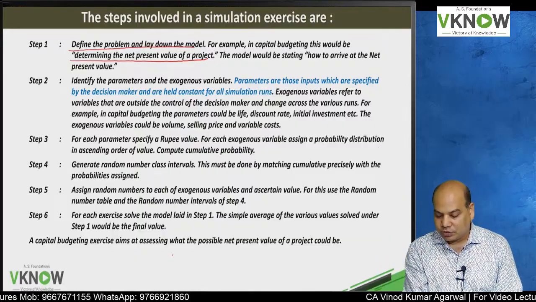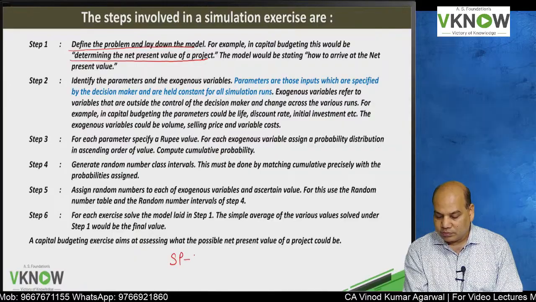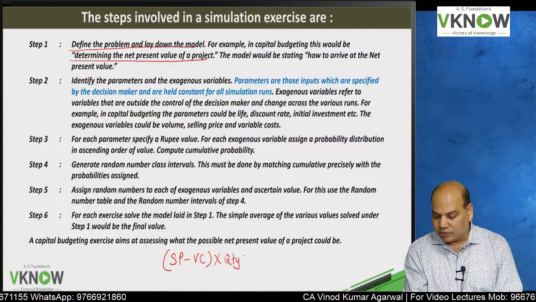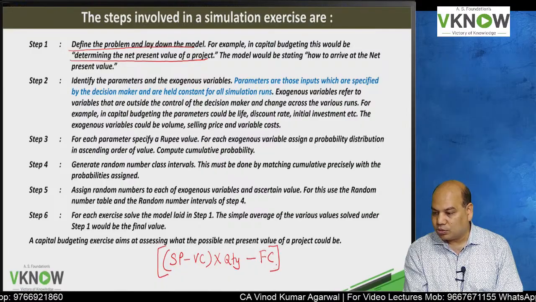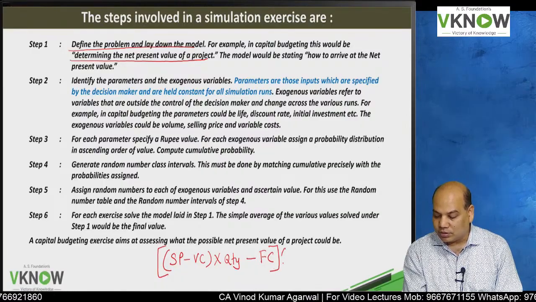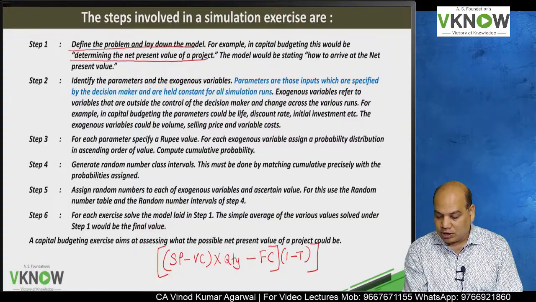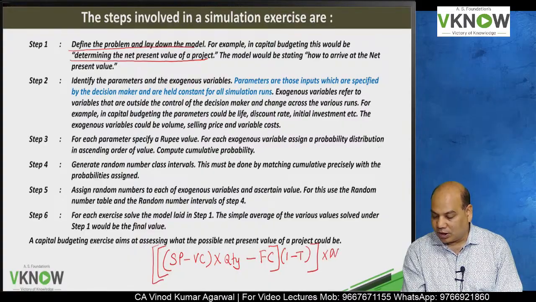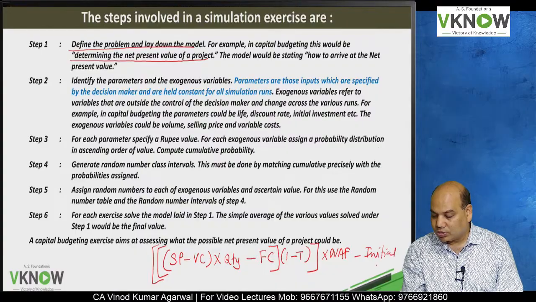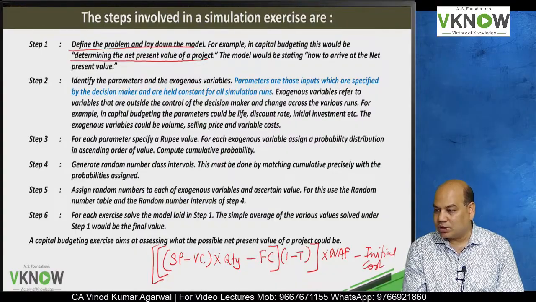For example, if selling price, variable cost, quantity sold and fixed cost are given, then this will give me my annual cash flow before tax. If tax is also given, then I will do 1 minus T, that will give me after tax, then multiply by the PV annuity factor and minus the initial cost. This is my NPV model with this data.